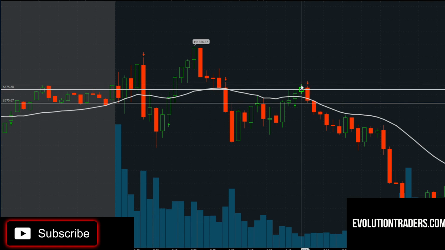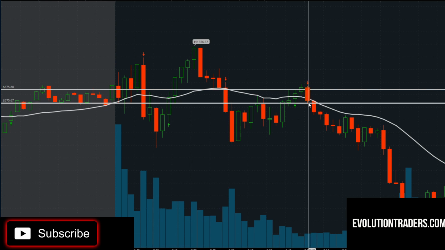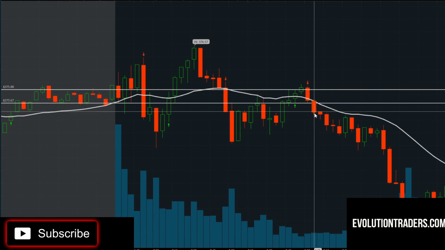Confirms that. You get long thinking it's going to go higher. Next candle opens up red, comes down, touches your stop. Next candle opens up, closes below your stop. 375.51. You would have lost, let's see, 375.67, 375.52, 10, 15, 20 cents. Talking about a cup of coffee.